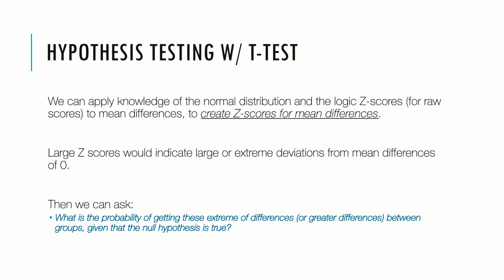So what we can do is take that logic and say, well, if 95% is between negative 1.96 and positive 1.96, that means that 5% is in the tails. So we take that same logic and apply it to z-scores and see how likely this extreme of a score is. We'll see how we get there, but we can use z-scores to answer those questions: the likelihood of finding this score or greater, or more extreme of a difference.